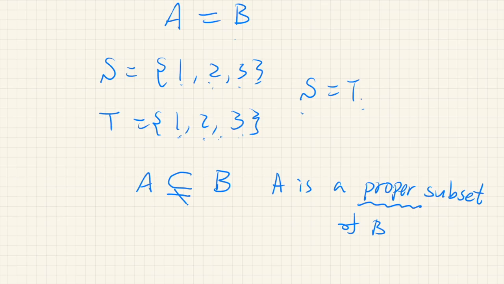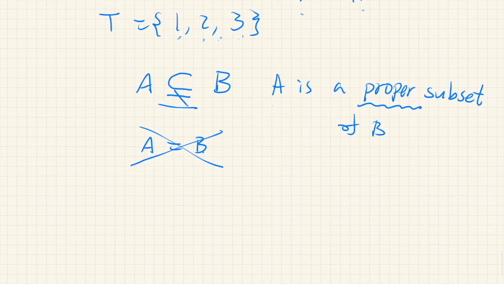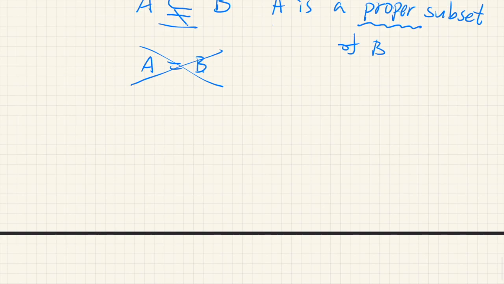If we don't say proper subset, but just say A is a subset of B, that may imply that A is actually equal to B. But if we want to exclude this possibility, we write like this and we say A is a proper subset of B. Okay?